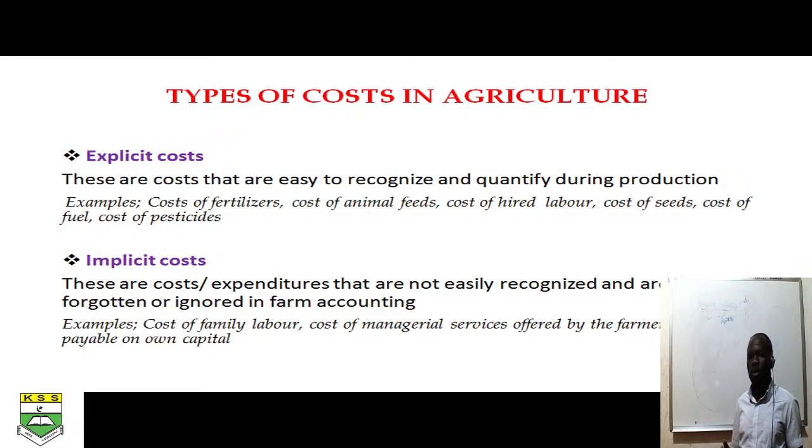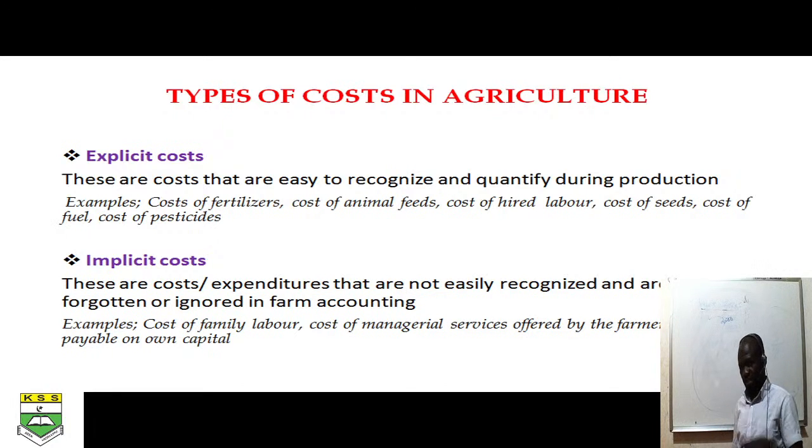For example, if I'm a poultry farmer, I go to the market to buy feeds for my birds. There's no way I can forget that I spent money on the feeds. If I went to buy a fertilizer, or if I paid someone who worked for me, there's no way I can forget that I hired someone and I paid him.